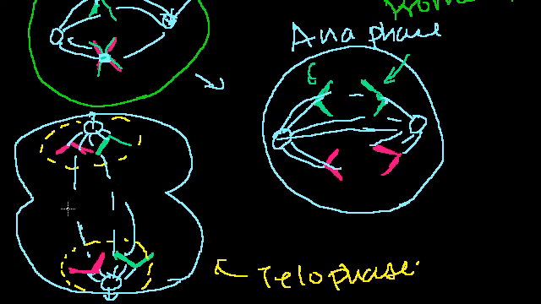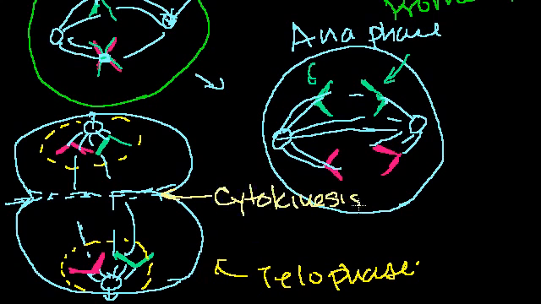And as that is happening, you have this furrow forming, this little indentation. And by the end of telophase in mitosis, you also have this process of cytokinesis, where this cleavage furrow forms and deepens, deepens, deepens, until the cytoplasm is actually split into two separate cells. So this is cytokinesis, which is formally not a part of mitosis, but it normally occurs with the telophase.